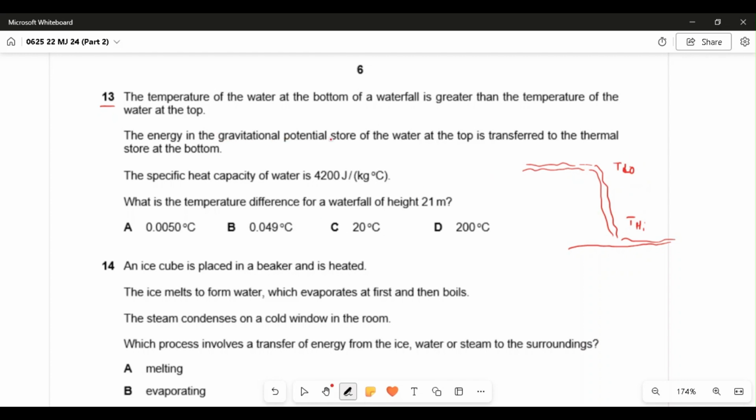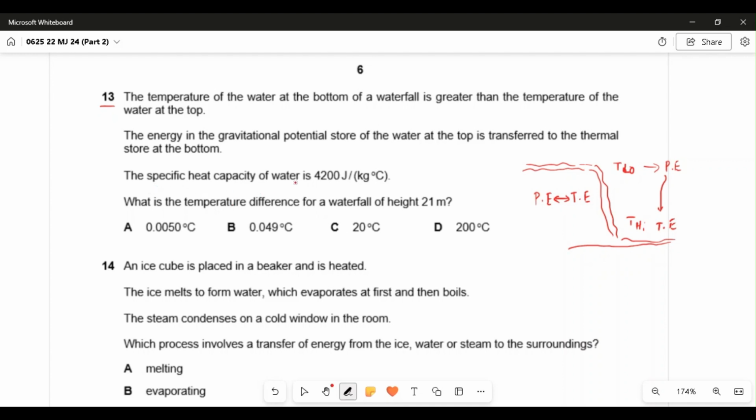The energy of the gravitational potential store of the water at the top is transferred to the thermal store at the bottom. So here the potential energy stored changes to thermal energy. According to the law of conservation of energy, energy converts from one form to another, but there is no loss in energy. So all of the potential energy is going to change into thermal energy.